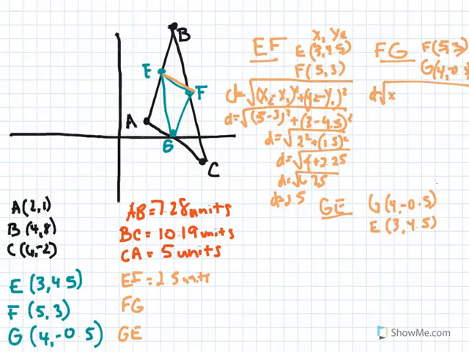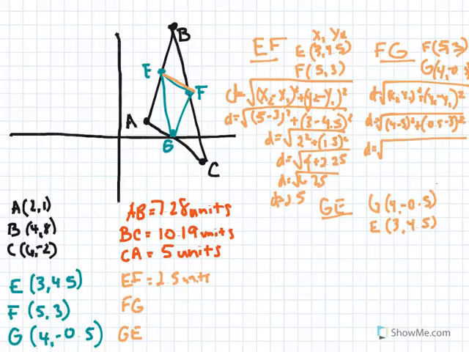So FG, we're going to do the same thing that we did with EF. Distance equals the square root of x2 minus x1 squared plus y2 minus y1 squared. It's hard to write small with this thing. Distance equals 4 minus 5 squared plus negative 0.5 minus 3 squared. Distance equals the square root of negative 1 squared plus negative 3.5 squared.